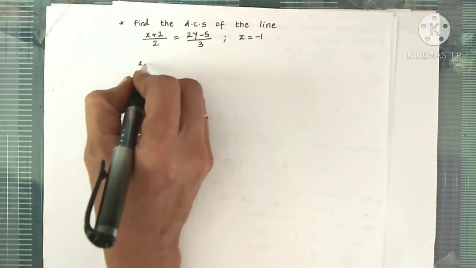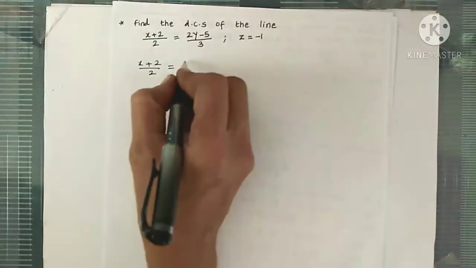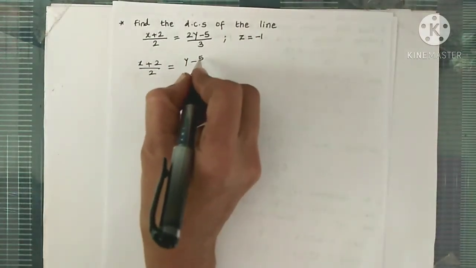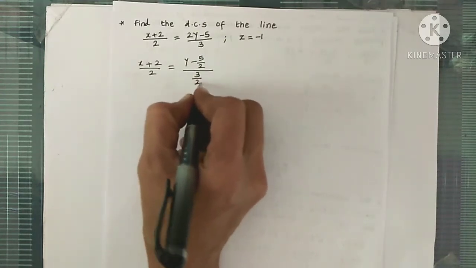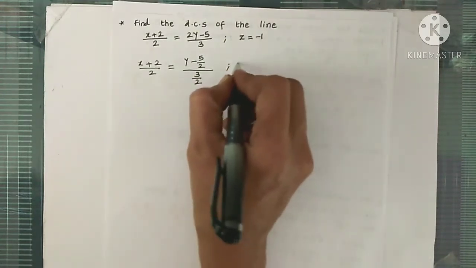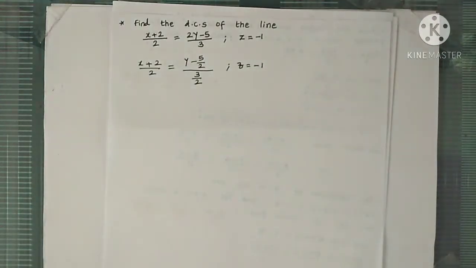So this equation is (x plus 2) upon 2. Here dividing numerator and denominator by 2, we have (y minus 5 by 2) divided by 3 by 2. And this one is as it is, z equal to minus 1. As c is 0, we have to write the equation in this form.